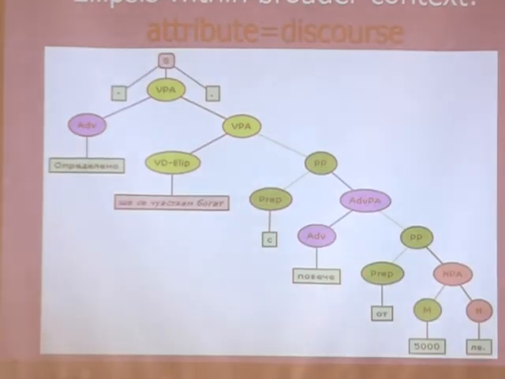Okay, and now the ellipsis within broader context, where the attribute is discourse. This is a sentence extracted from an article, an interview with a very nice question. Would you feel yourself rich in Bulgaria if you got 5,000 leva? And now one of the people just answers something like that, certainly with more than 5,000 leva.